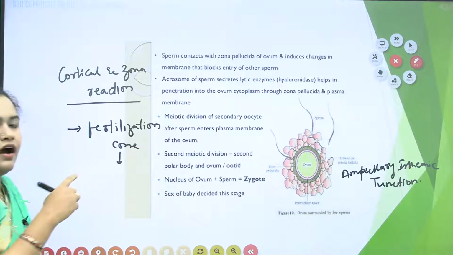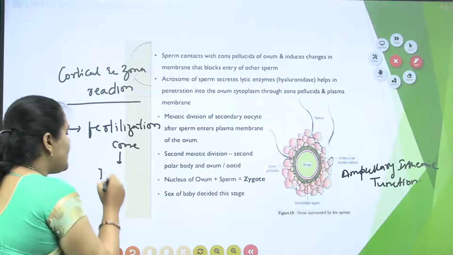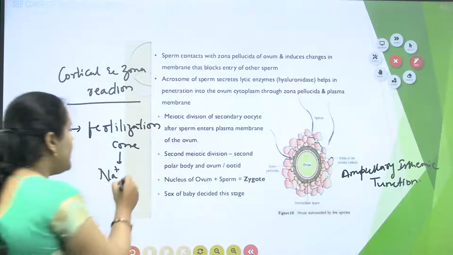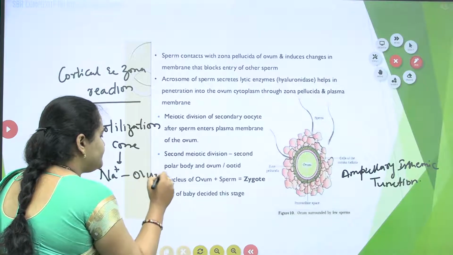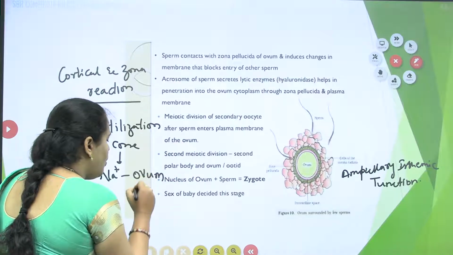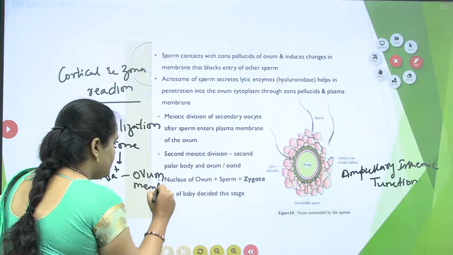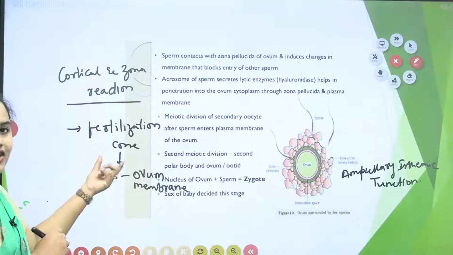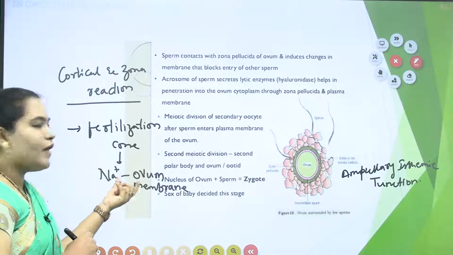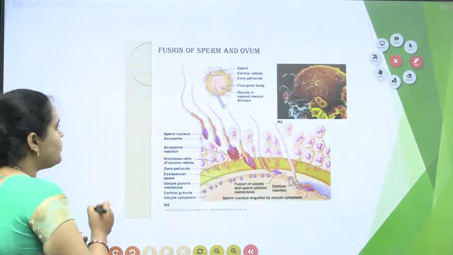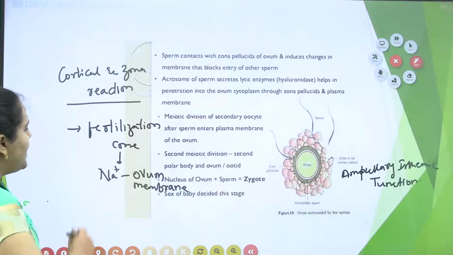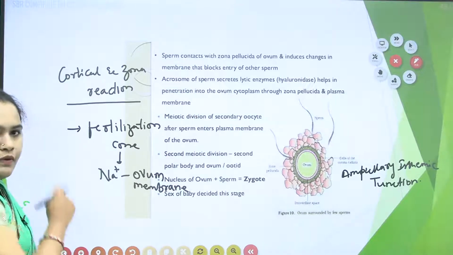Once the fertilization cone gets formed, there will be an influx of sodium ions into the ovum membrane. So what is happening after the fertilization cone? Influx of sodium ions will be there.